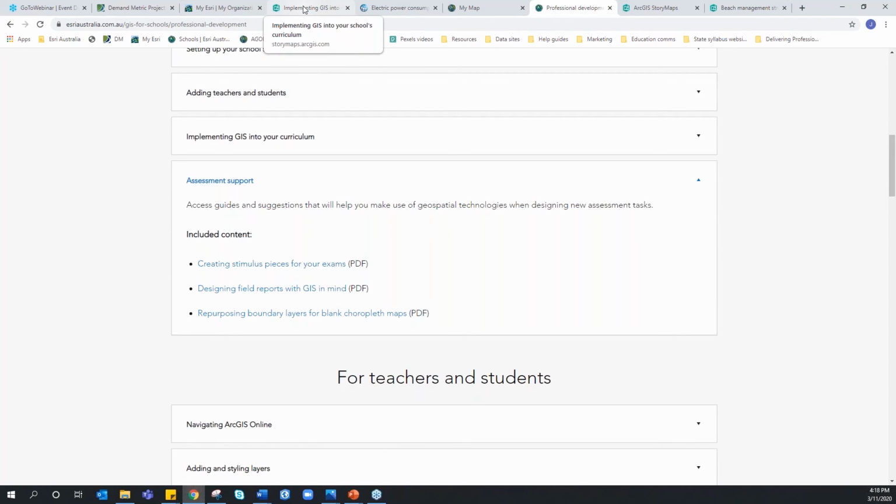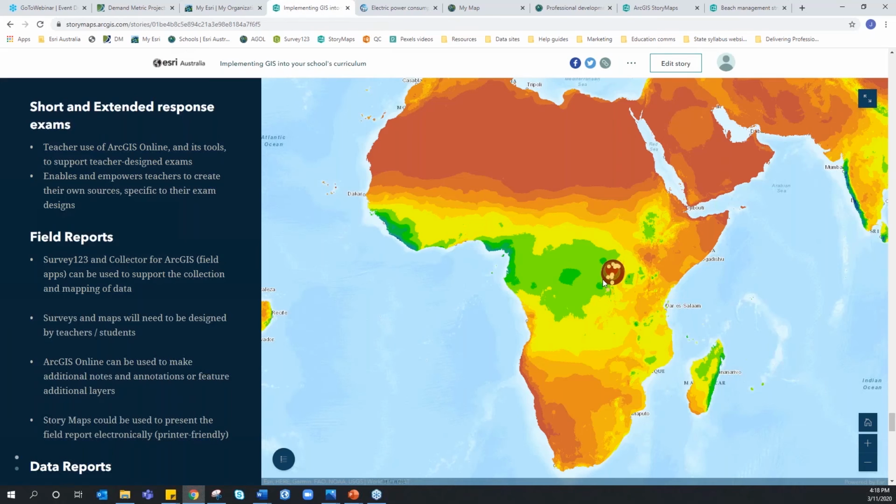And I know that sometimes finding an appropriate map at the appropriate scale, showing the appropriate data, can be such a hard thing sometimes. And being able to just essentially create your own map at the desired scale with custom data goes a long way in helping you to create those exams with appropriate sources.